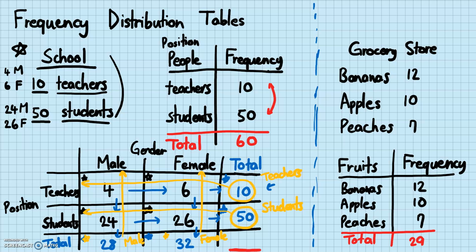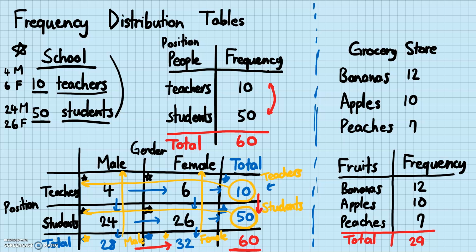So to get the total here, you can either add this way, or you can add this way, but don't do both. Okay, so if you add this way, you'll get 60. If you add this way, you'll also get 60. Right? If you add vertically or horizontally, you get 60.